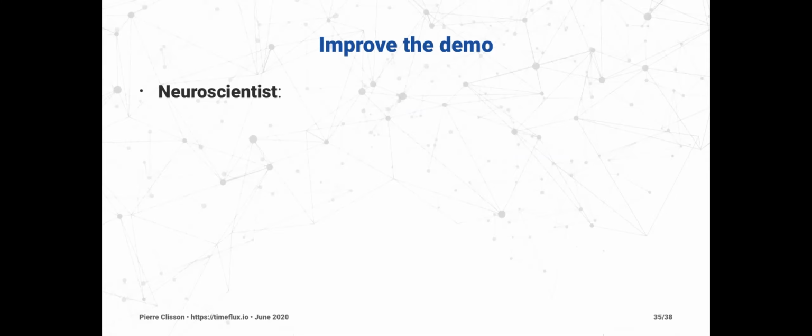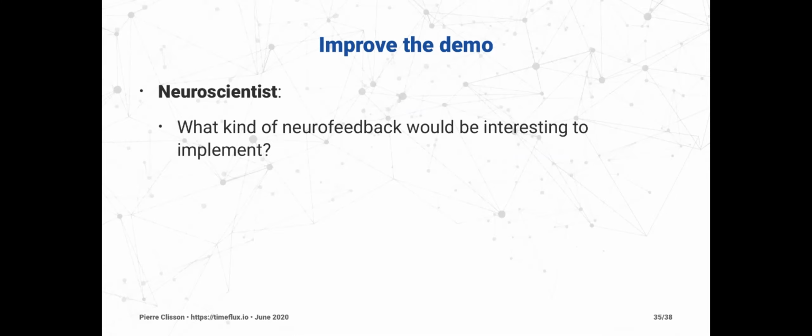Maybe you are a neuroscientist, and what you could do is imagine what kind of neurofeedback we could implement. Should we do just alpha neurofeedback, or maybe have a ratio between alpha and theta, etc.? So what do you think we should do?